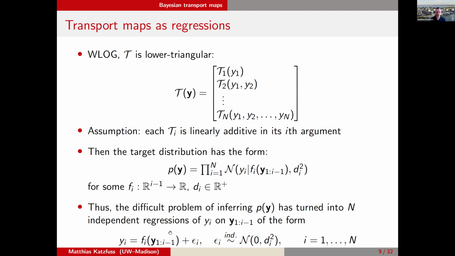So we have regressions of this form, where we have this regression function fi, and di squared is the variance of the error term. And that's nice in the sense that we just have n regressions, and they're independent, and statisticians know how to handle regressions and different techniques that we could use there.